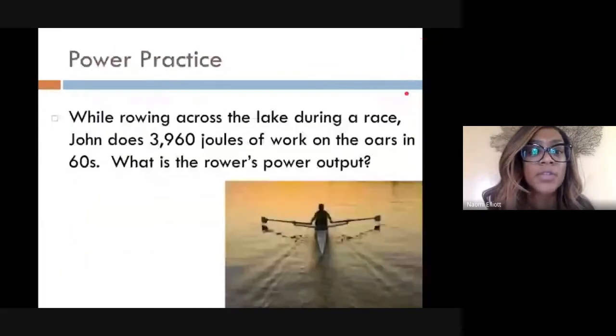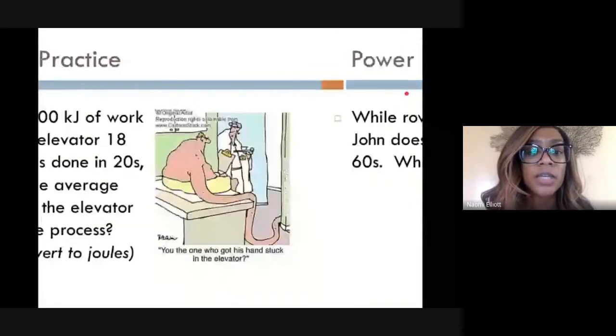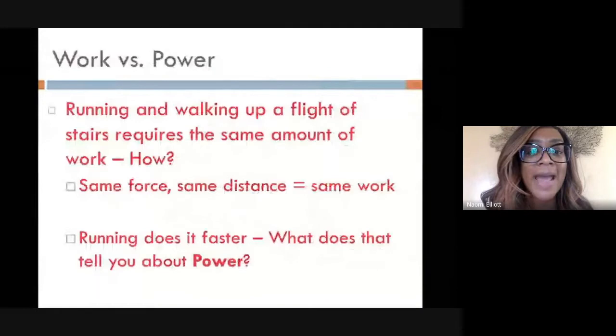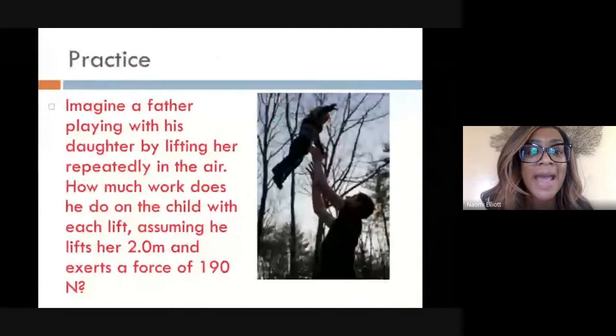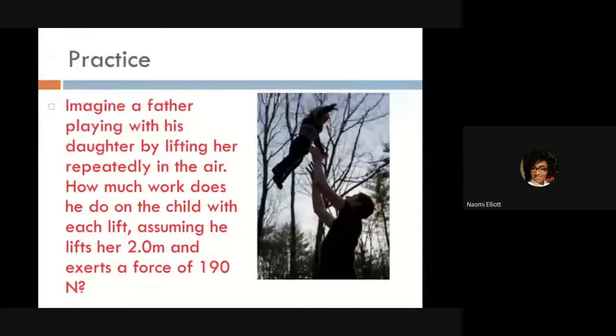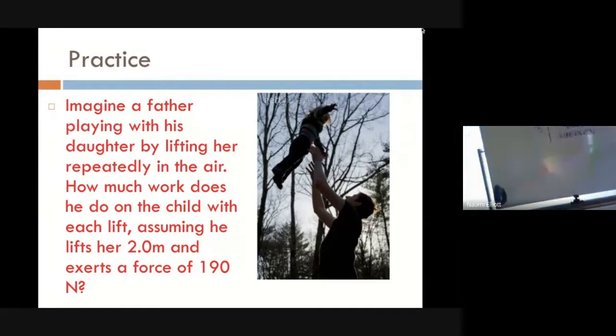Okay. So those are all of the notes that you need. And so now I'm going to turn on my dock camera and show you how to complete the practice assignment. So for the work practice problem, in your guided notes, I want you to follow what you're going to see in my document camera.